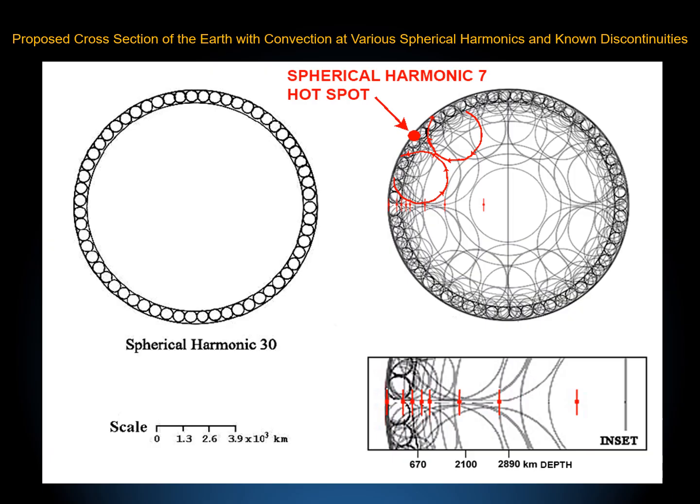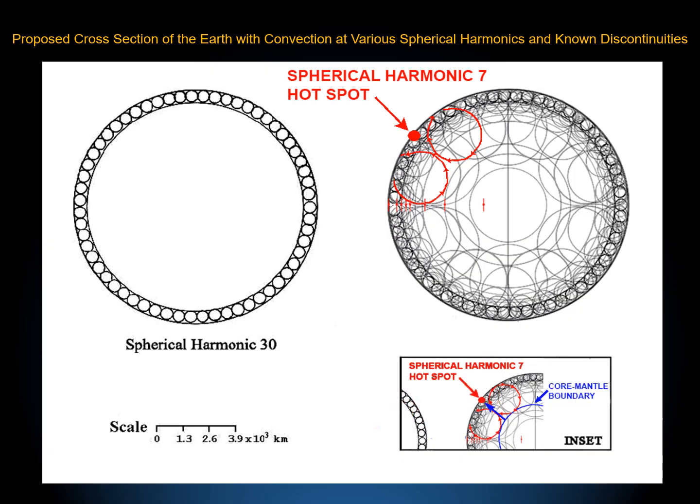One can see in the inset that the red bars represent the known discontinuities from seismic data and the gray lines, the discontinuities as defined by the Vening Meinesz-Robinson model. Spherical harmonic 7 has special significance because the Rayleigh-Benard convection cell arises from the core mantle boundary.